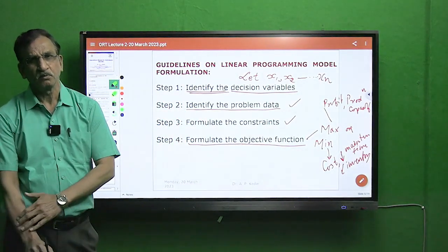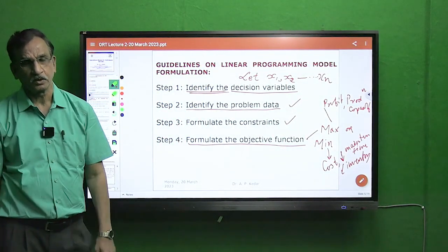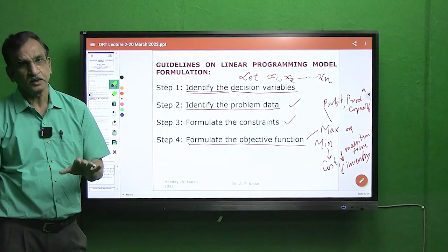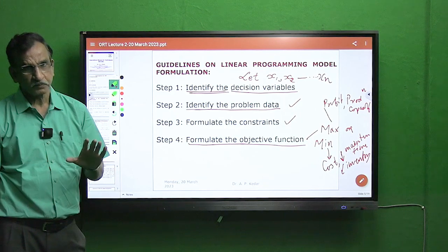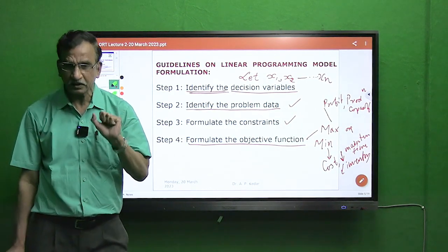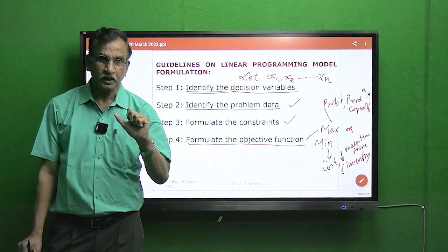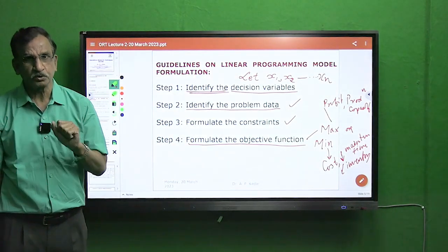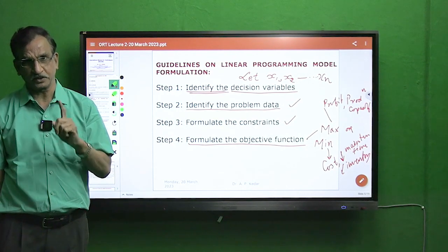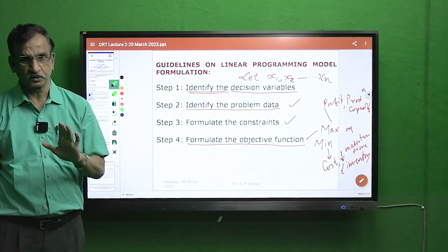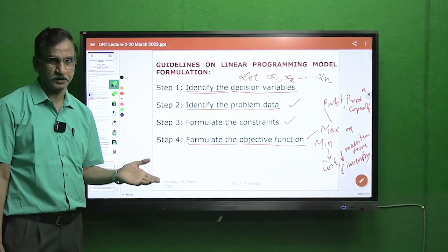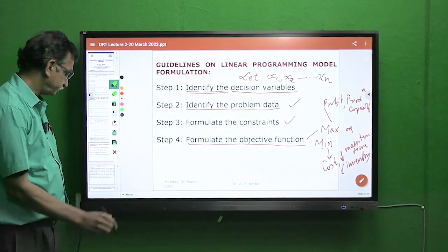In some problems, one may say solve this for maximization of profit, solve this linear programming for minimization of cost, like that. But as an engineer, we should be in a position to smell the data, interpret the data, and based on the data formulate whether it has to be for maximization or minimization. I think this is very clear. Now let's go into deeper aspects of this formulation.